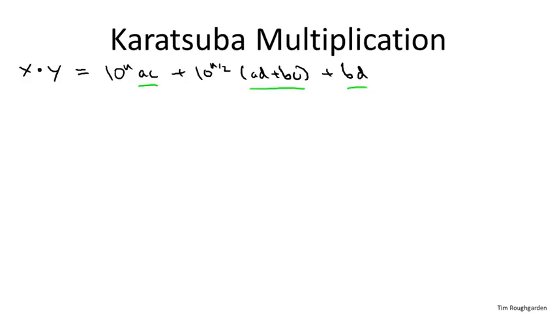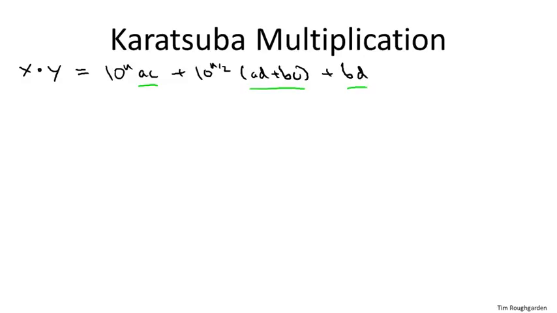There's the AC, the coefficient of this first term, there's AD plus BC, the coefficient of this middle term, and there's BD. So we care about AD and BC as quantities individually only inasmuch as we care about their sum. We really don't care about them individually. That motivates the question: perhaps we can somehow uncover these three different quantities using only three recursive calls rather than four. In fact, we can, and that's Karatsuba multiplication.